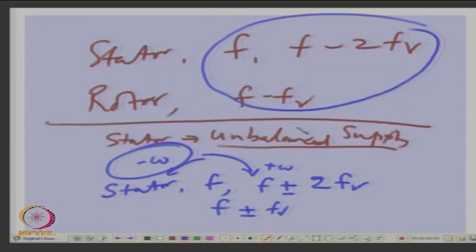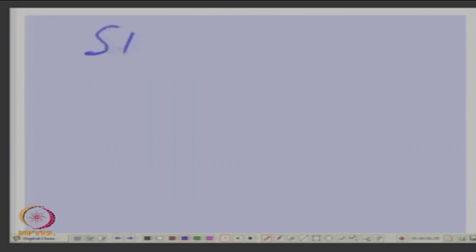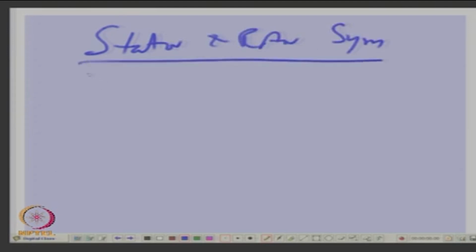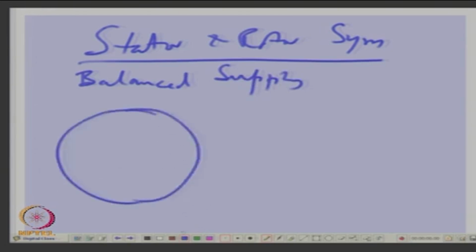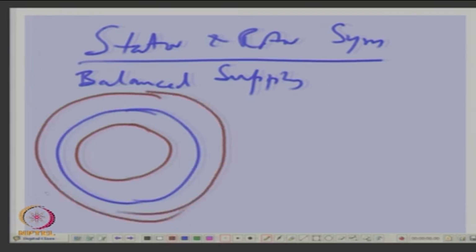And then the last case is stator and rotor symmetrical, and balanced supply. Then you know it is a very typical case, right.